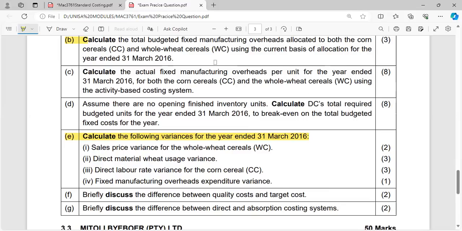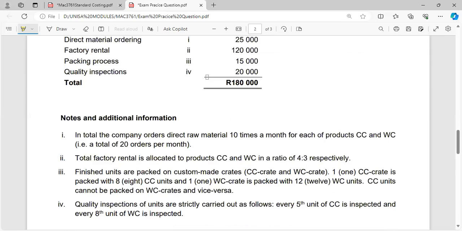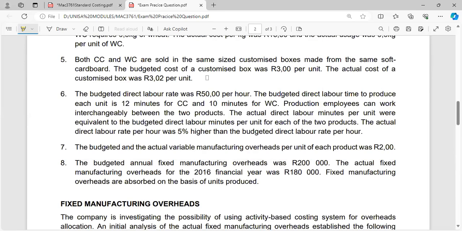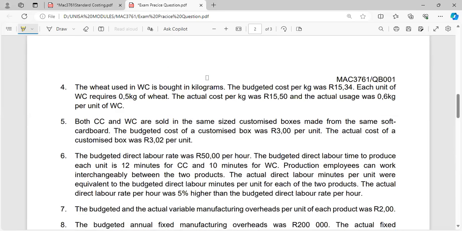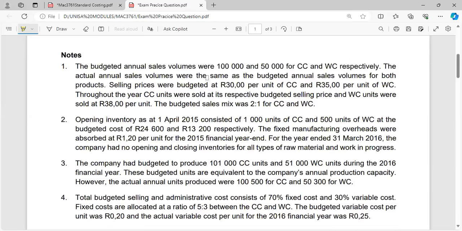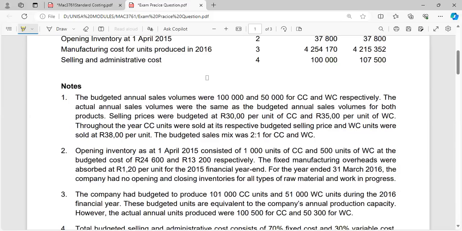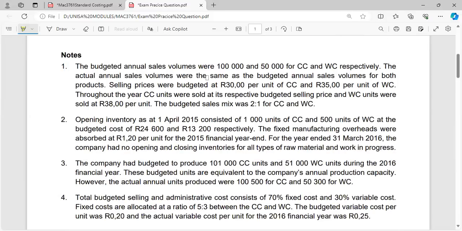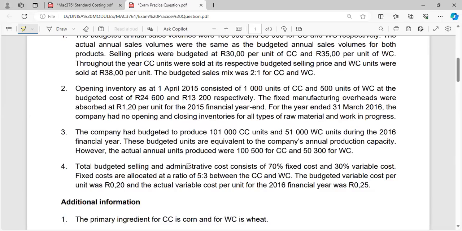I always encourage you guys to practice questions. This is how the variance will come in the exam. You will look for the figures from a scenario like this one. So try to get used to that as well. But if you follow what we have been doing, it's not much different because you are just looking at the budgeted figures and the actual figures.